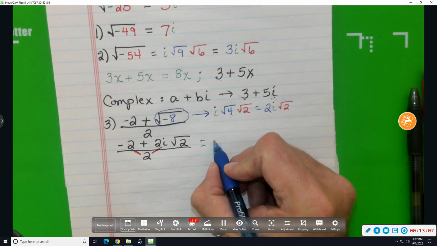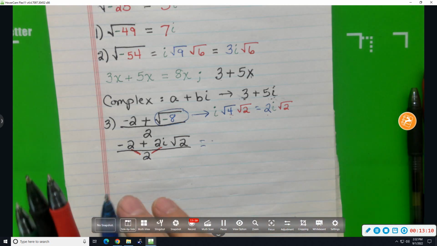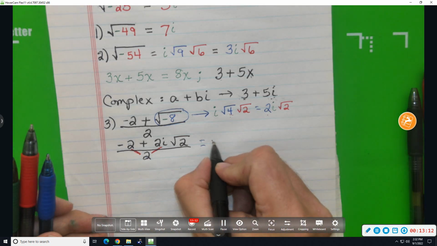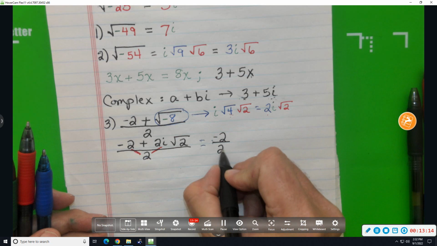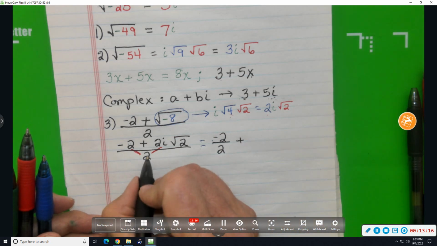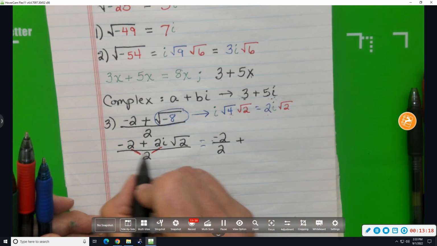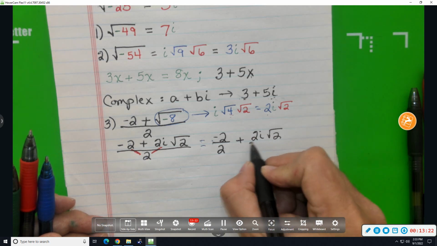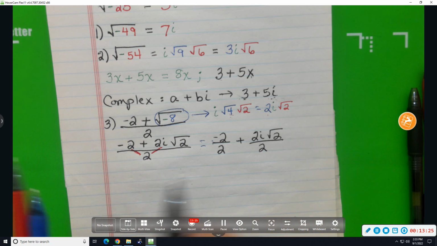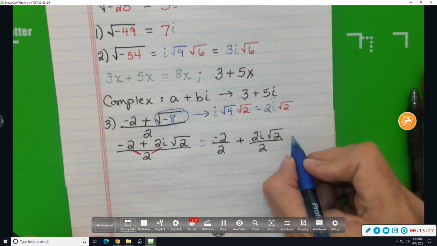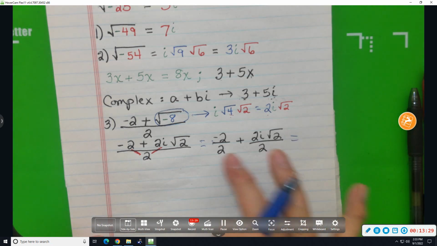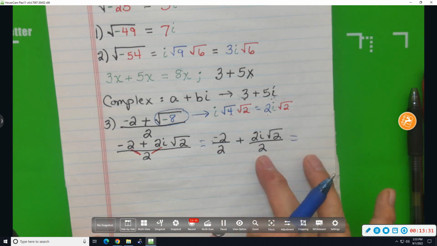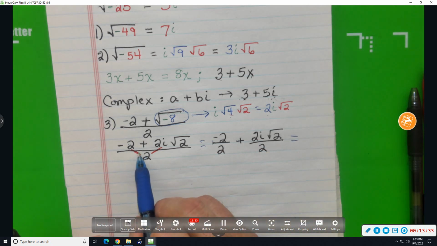I'm going to write it out. Negative 2 over 2. That's what these little bars mean here. Separate it. And then 2I square root of 2 all over 2. Oh, this reduces nicely. I don't normally show this step here. I'm just showing it this time to show the thought process. Usually I just make the little marks here.